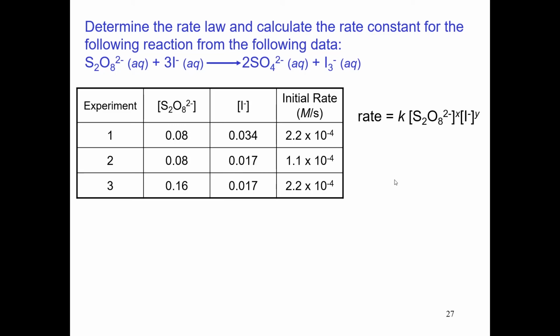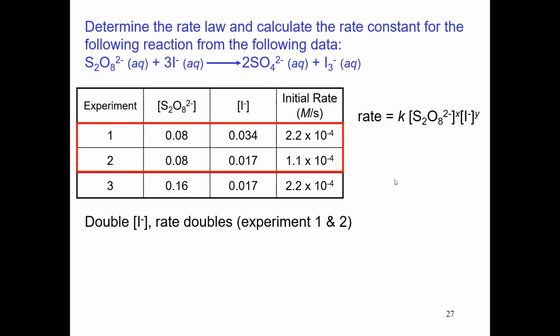Again, we are going to find that the rate law would be written this way, and we've arbitrarily picked the S2O8 ion as the one that has X and the iodide ion as the one that has Y. That is totally arbitrary, don't worry about that. Notice that if we compare experiments 1 and 2, when we double the concentration of iodide, the initial rate also doubles.